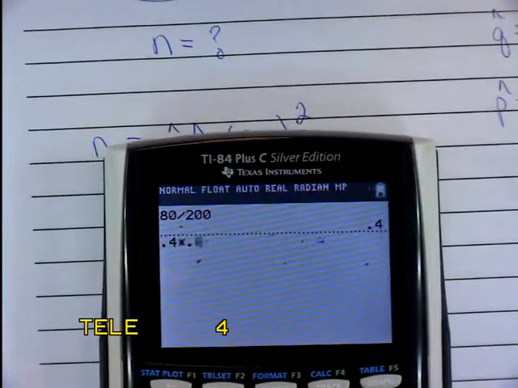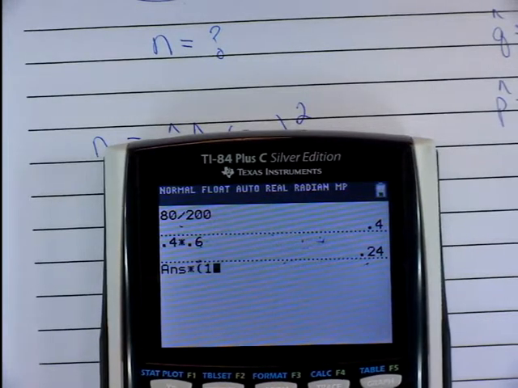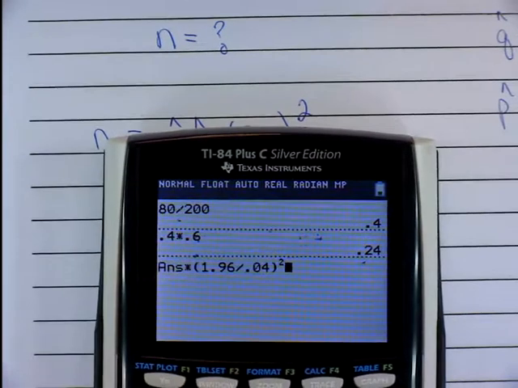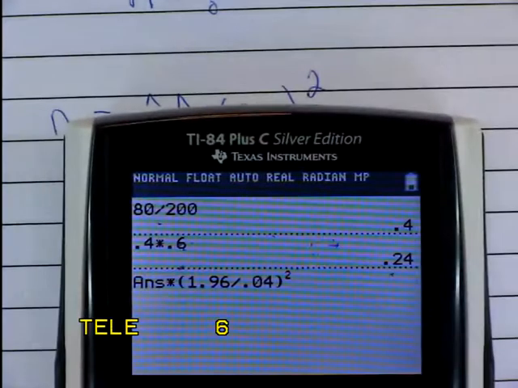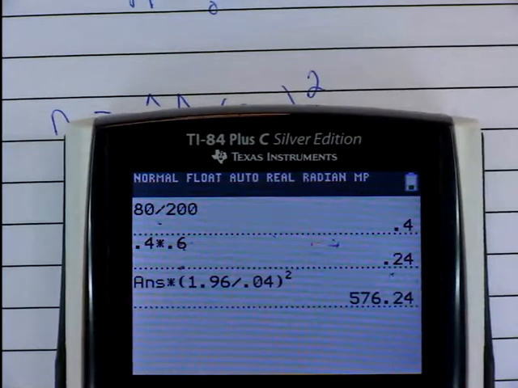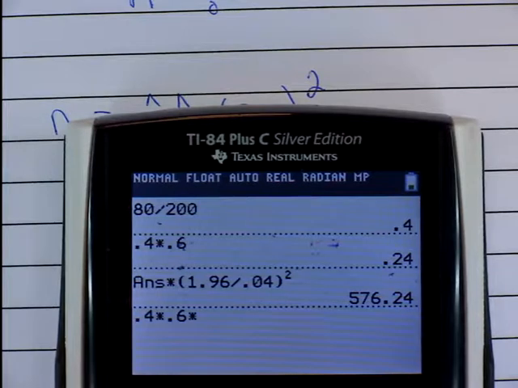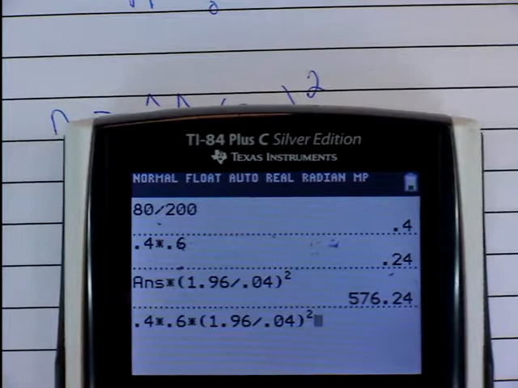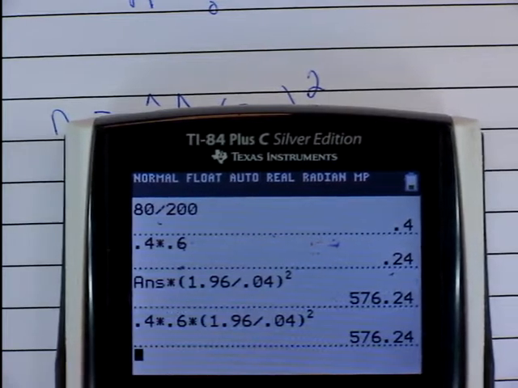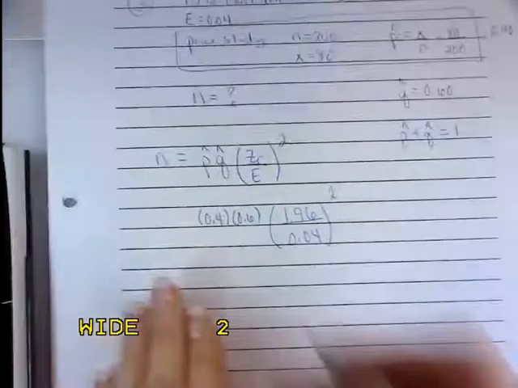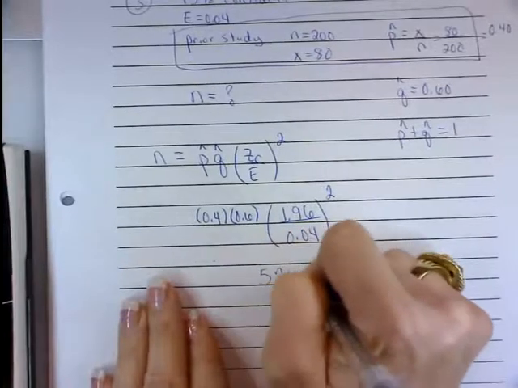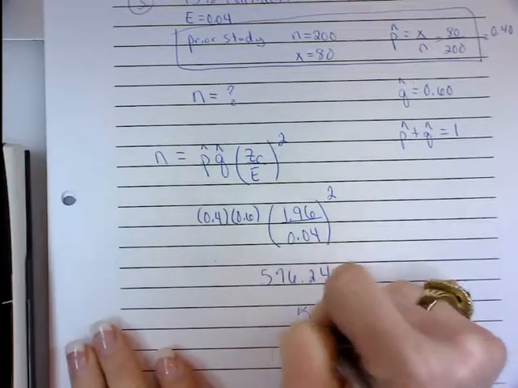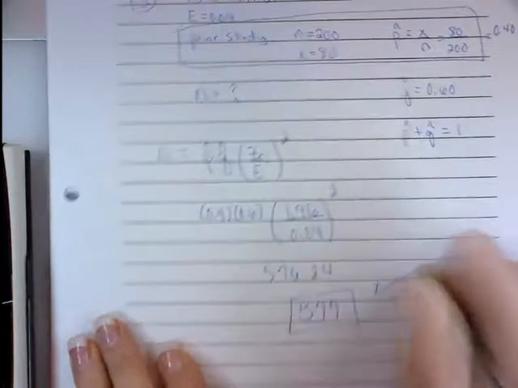0.4 times 0.6 times 1.96 divided by 0.04 quantity squared equals 576.24. So 0.4 times 0.6 times 1.96 divided by 0.04 quantity squared. And I'll write that down. 576.24. Always round up, everybody, so it's 577.